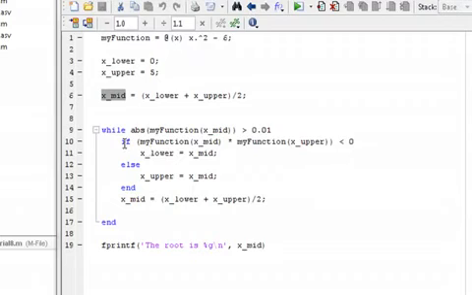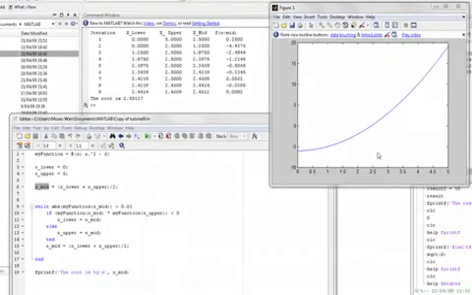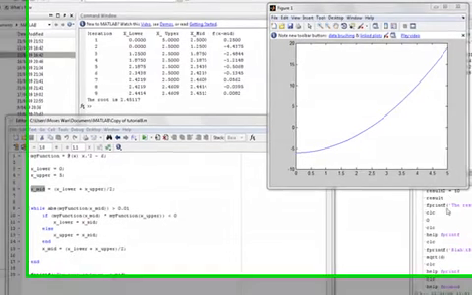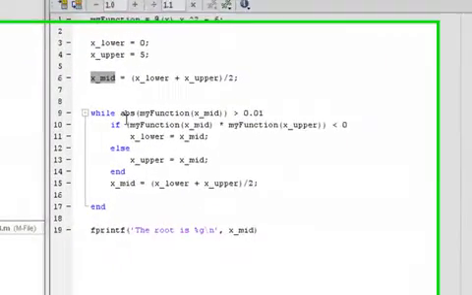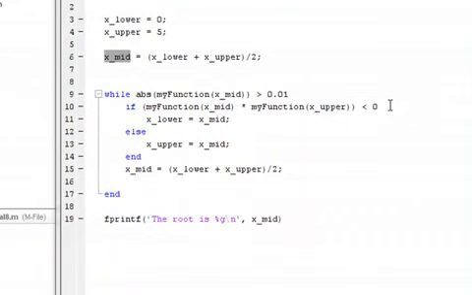Since 0.25 when we sub it in is positive, and when we sub in 5 it's also positive, positive times positive equals a positive number, which is greater than 0. So this condition is proven false, and we're going to make the upper limit equal mid.